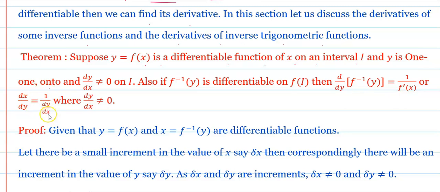It means that the product of the derivative and its inverse is 1, where dy by dx is not equals to 0.